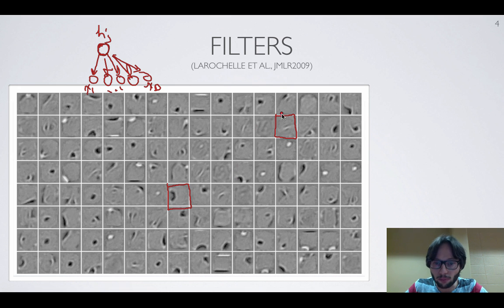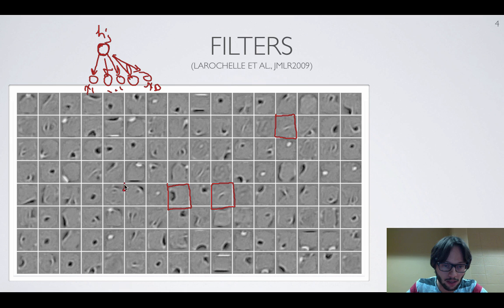An interpretation of this particular neuron is that it detects whether there's a pen stroke with this orientation, where there's background here, and we have a stroke like this. Similarly here, this hidden unit would be sensitive if there's a pen stroke like that in the image with some background here and here. We actually find that a lot of these hidden units have learned that in handwritten characters there are pen strokes.